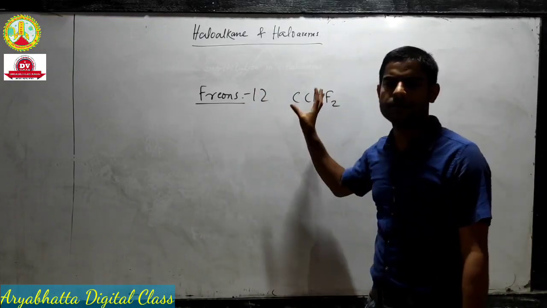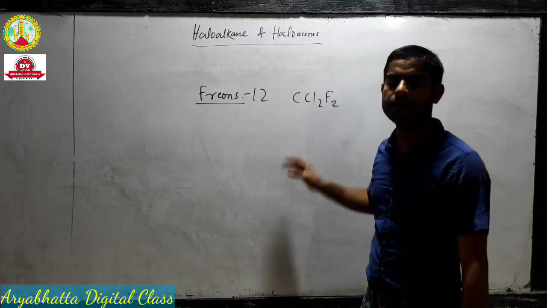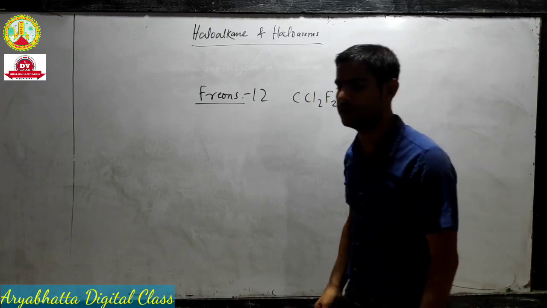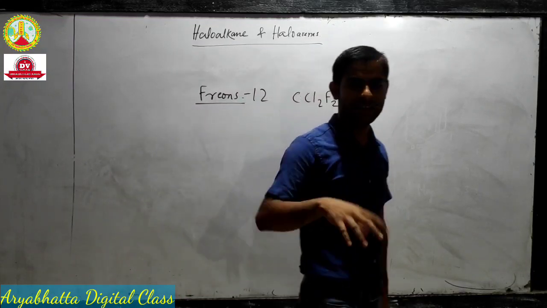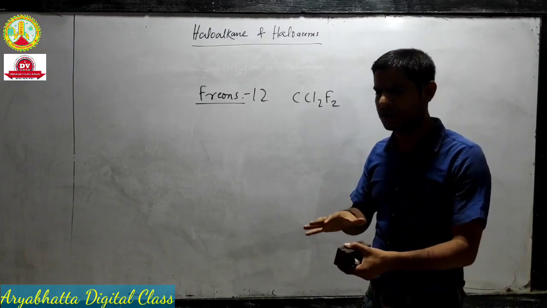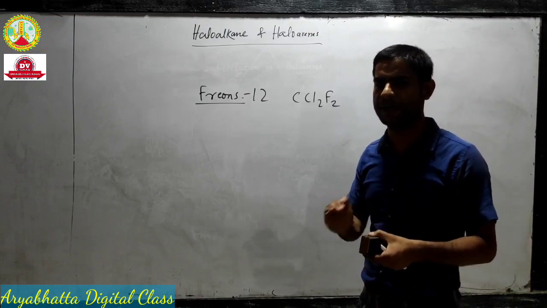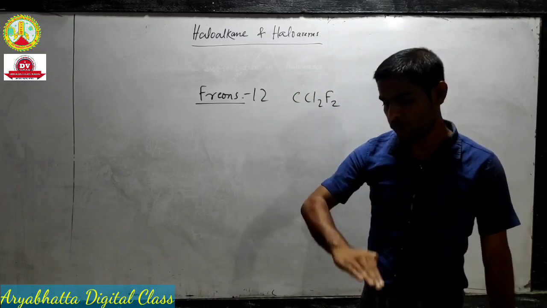These are gases, and the best thing about them is they are non-corrosive in nature, and they are easily liquefiable gases. They can be easily converted to liquid using comparatively low pressure. So when they liquefy, they cool.